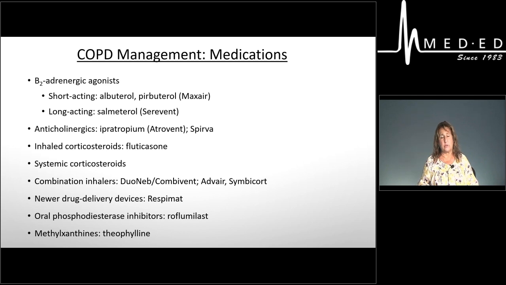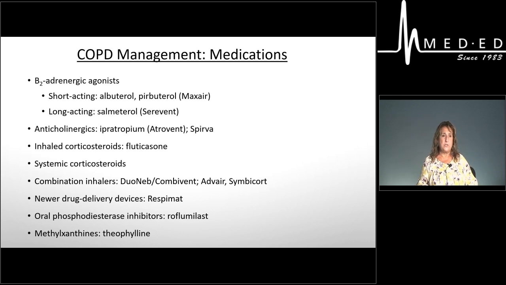We also have anticholinergics that are also bronchodilators, but they work in a different mechanism than your beta agonists do. And inhaled corticosteroids help with inflammatory response, systemic corticosteroids as well. You've got combination inhalers that combine bronchodilators and steroids.